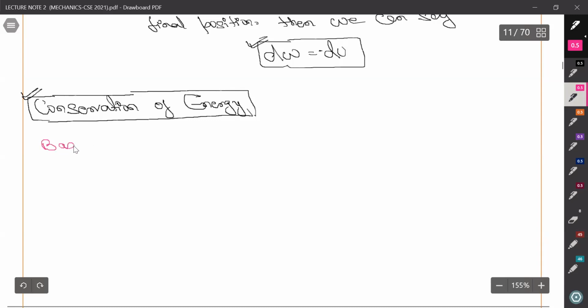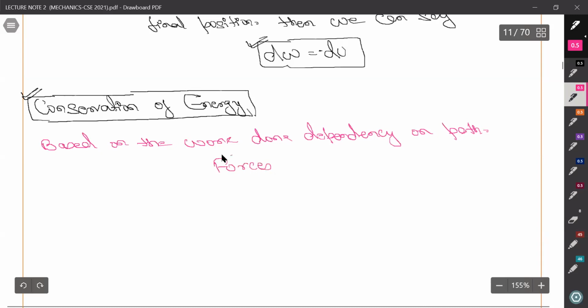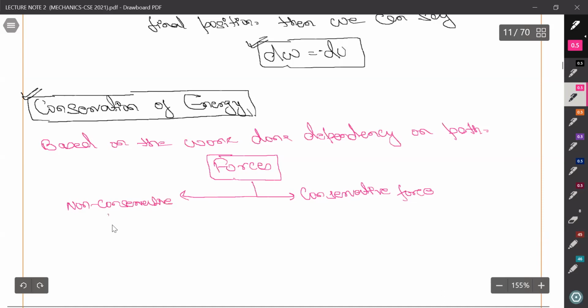So based on the work done dependency on path, forces are defined into two systems. One is conservative force and another is what? Non-conservative forces.